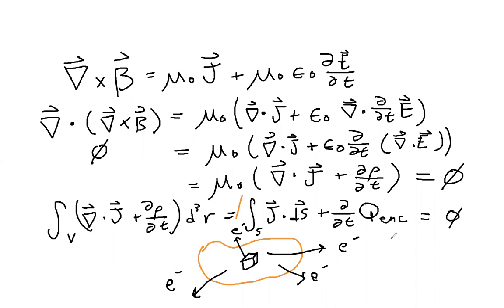Well, in this case, the integral of J dot dS is less than 0 because the surface normal always points outward, and the current, because electrons are negative, is flowing inward. But dQ enclosed dt, as time's going on, these electrons are leaving this region, making this thing more and more positively charged. So this is greater than 0.